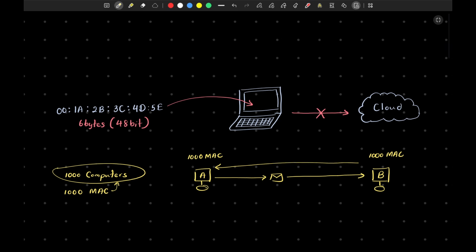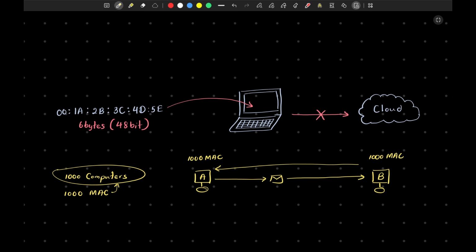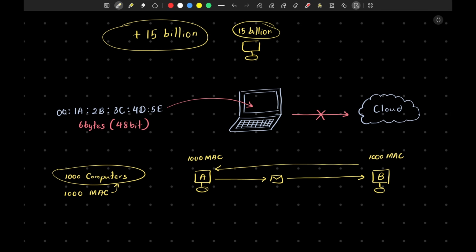That is a problem, because in the modern network there are over 15 billion computers connected to the internet. Imagine a computer needing to store around 15 billion addresses in its memory; it will instantly run out, right? Not only one computer, each and every computer needs to store these addresses to communicate with each other. Therefore, we introduce a new address, which is a logical address called the IP address.